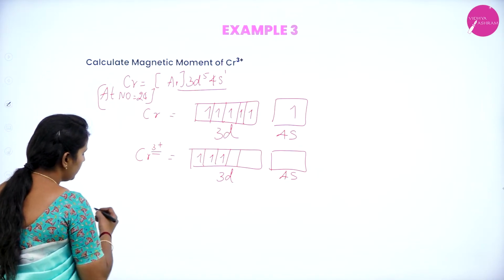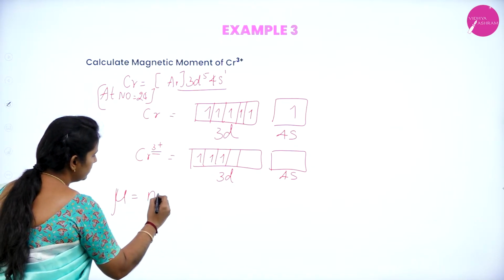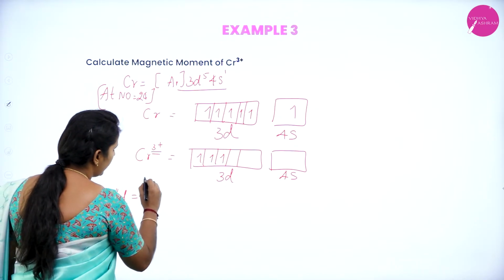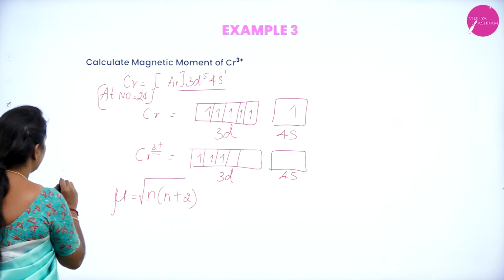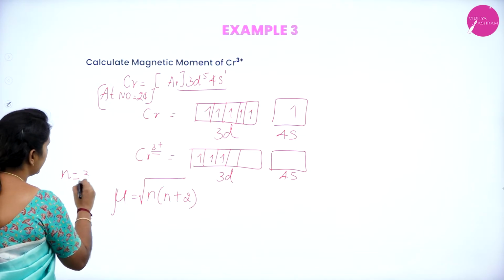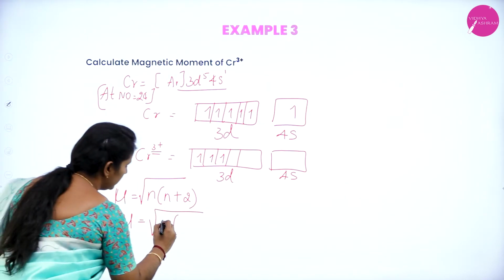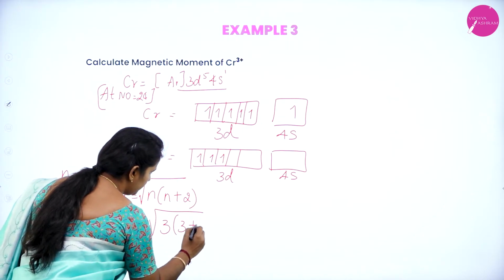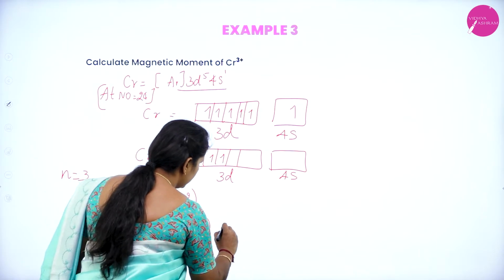Mu is equal to the square root of n into n plus 2. Here n is equal to 3 now. So, mu is equal to the square root of 3 into 3 plus 2. 3 plus 2 is 5.